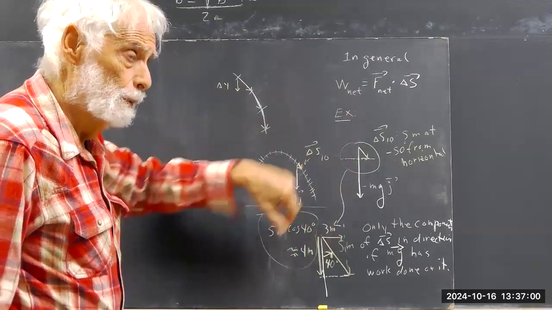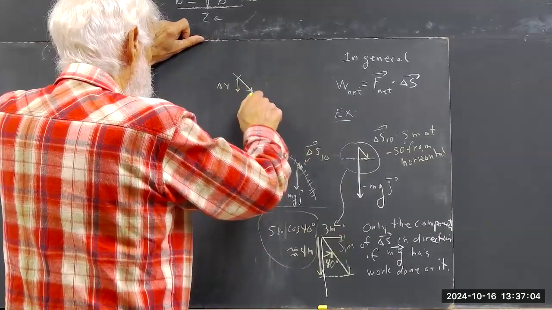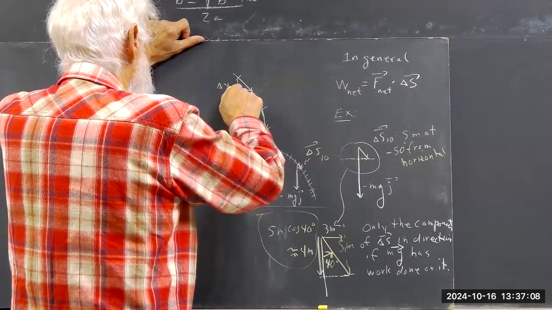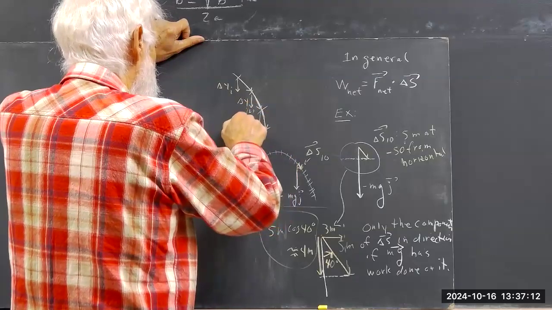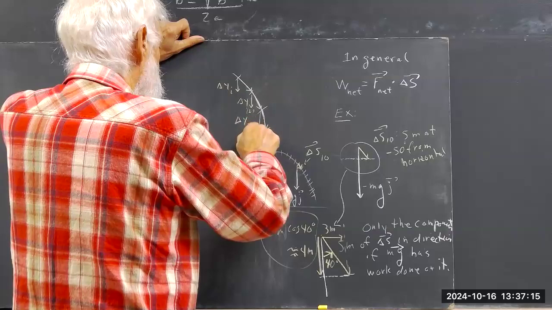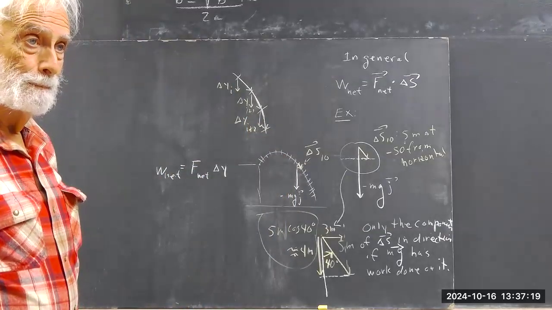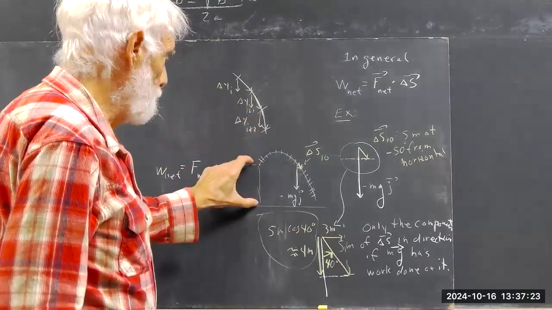There's a delta Y sub i, delta Y sub i plus 1, delta Y sub i plus 2, using traditional subscripts. All these delta Y's add up to 100 meters.